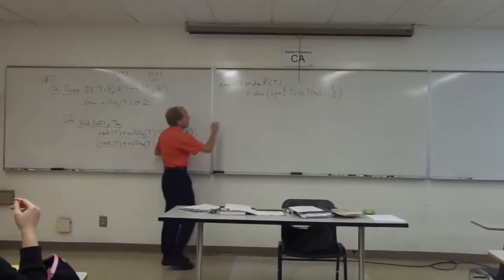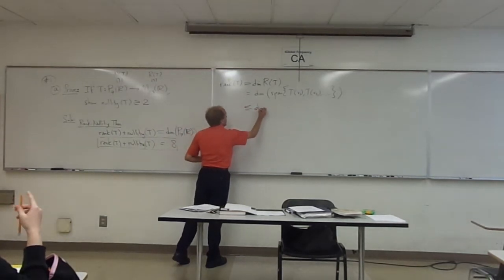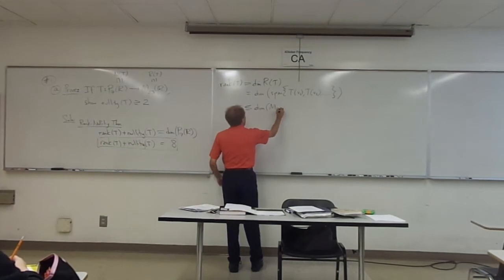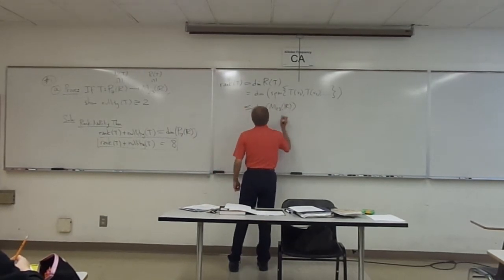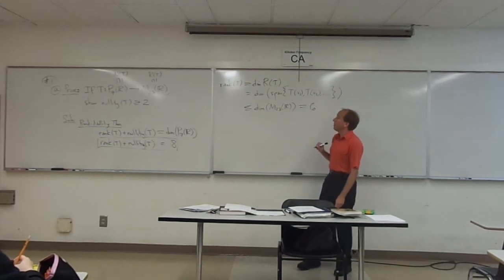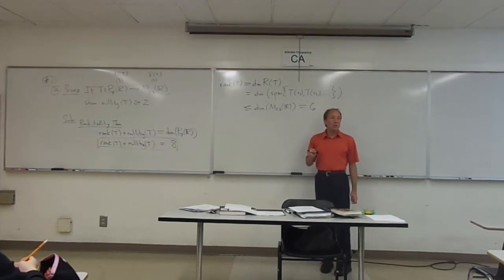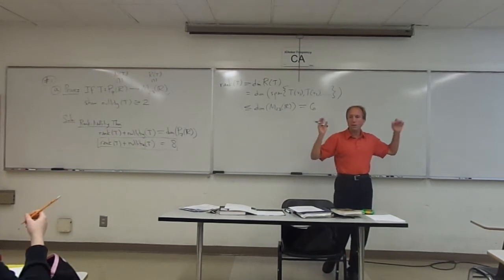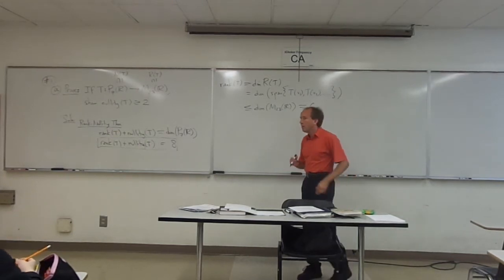So one of the things that we know is that this dimension is at most the dimension of the output space, which is M23 of R, right? What's the dimension of M23 of R? 6, right? Guys, you don't have to prove those dimensions. You can just cite them if you know the dimension of certain spaces just because they're standard. You don't have to prove them.